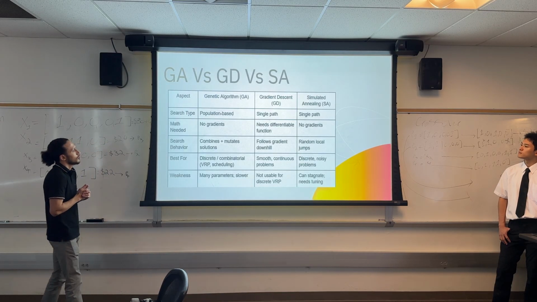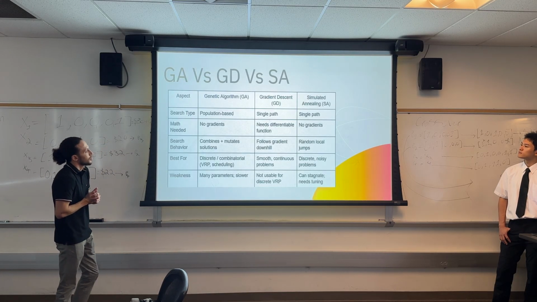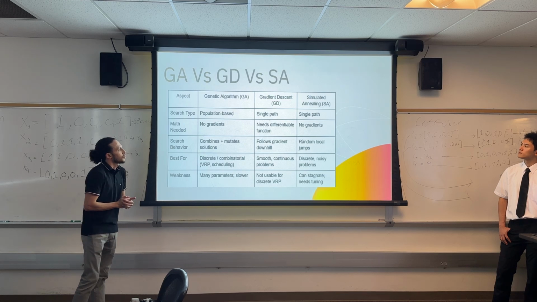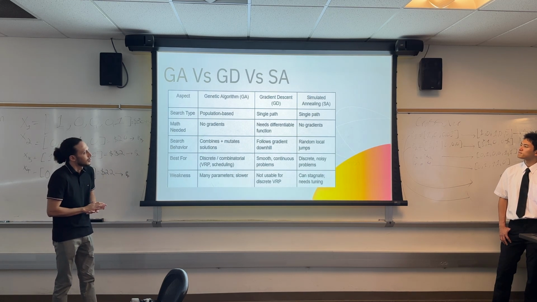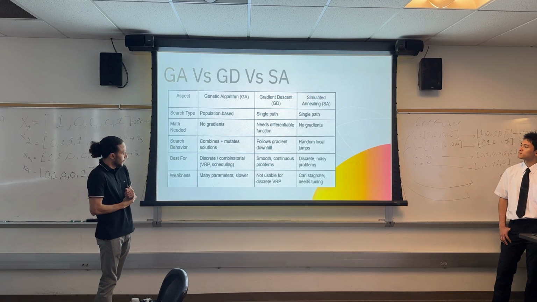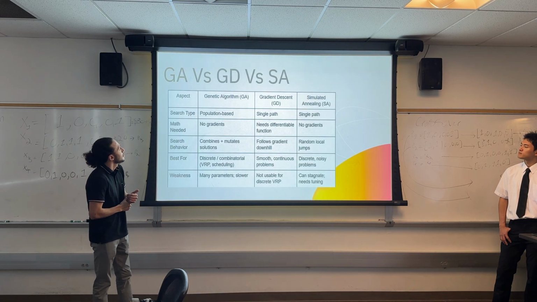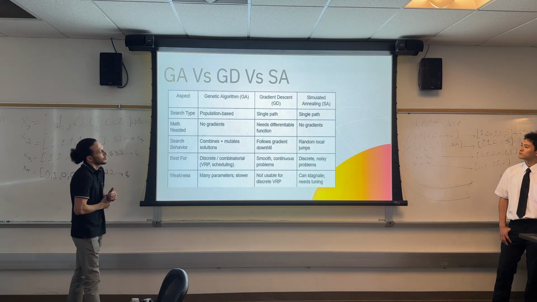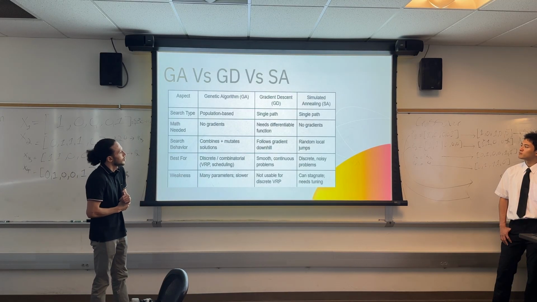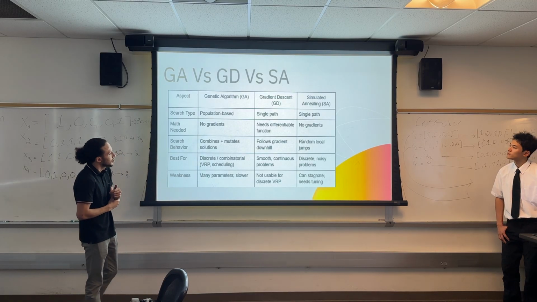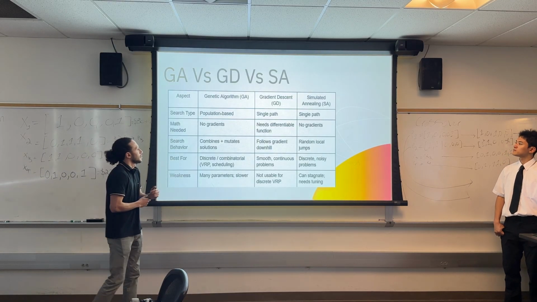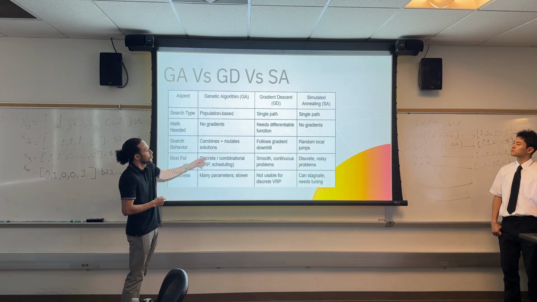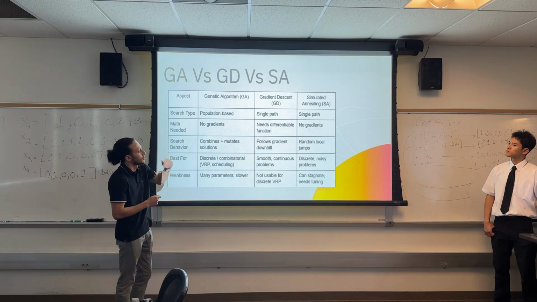And then I just wanted to show a quick comparison between genetic algorithms and gradient descent, as some ways to solve these problems. For the math needed, it would be too much for gradient descent, while for genetic algorithms it's a little easier. For the search behavior, the GA combines and mutates solutions, while gradient descent just goes downhill.